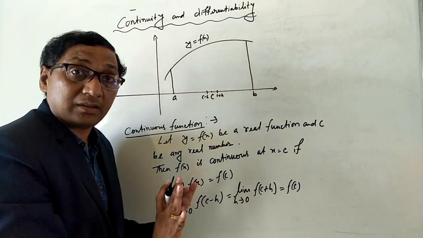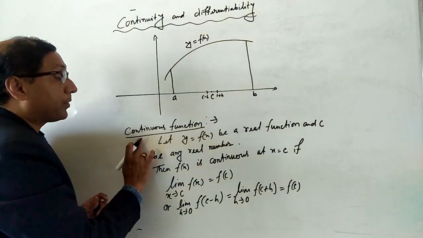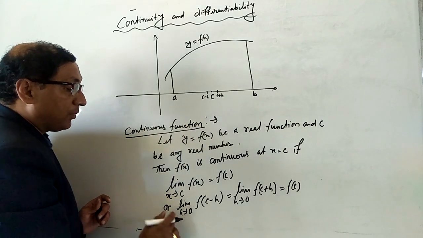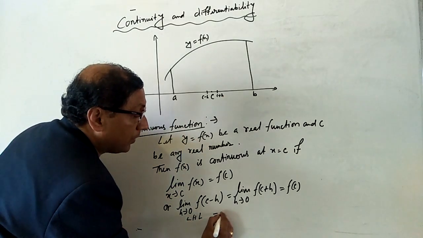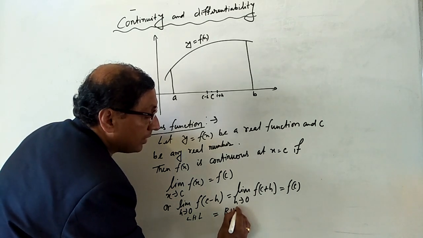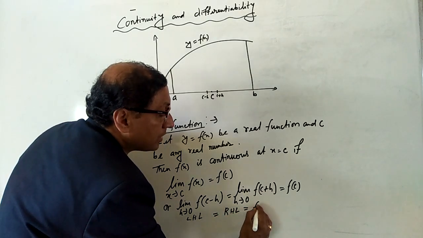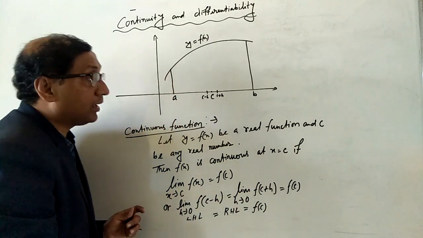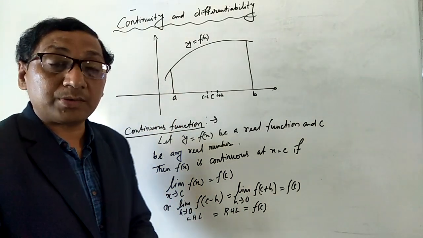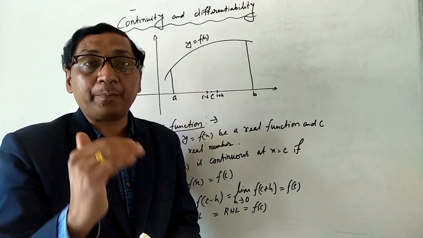Is it clear everyone? So if we are checking a continuous function, then we have to find the left hand limit. Left hand limit should be equal to right hand limit should be equal to f(c), that means the image at point c.